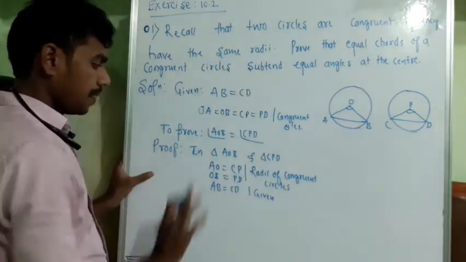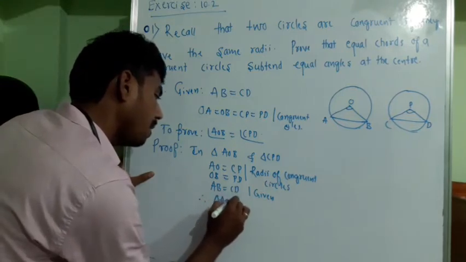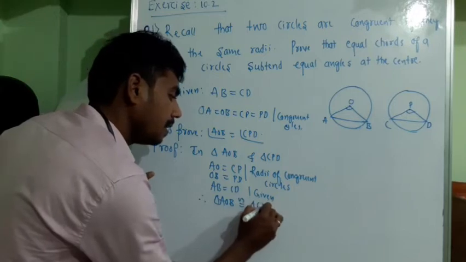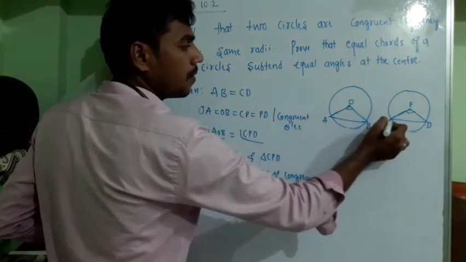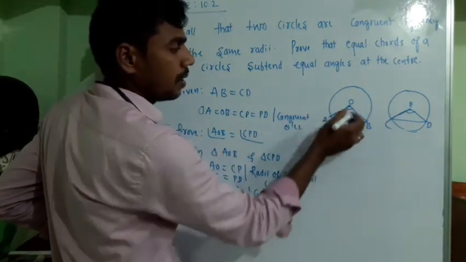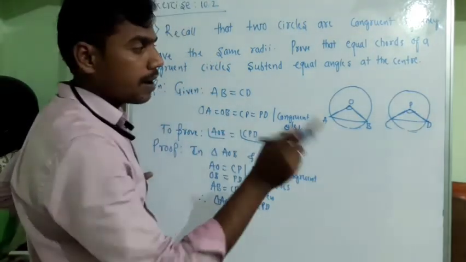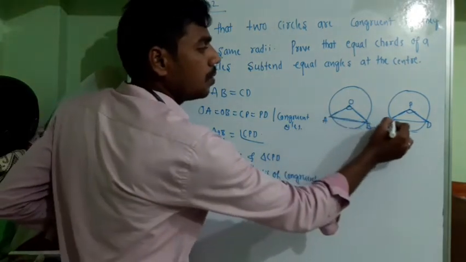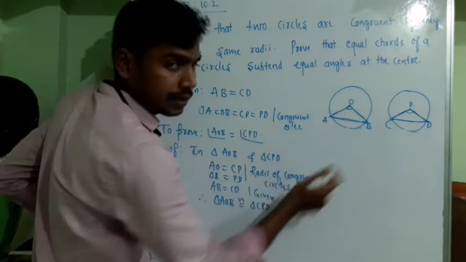Therefore, triangle AOB is congruent to triangle CPD. See, AO is equal to CP. Why? Because radii of a congruent circle. OB is equal to PD. Why? Because radii of the congruent circle. Then AB is equal to CD. Why? Because it is given.